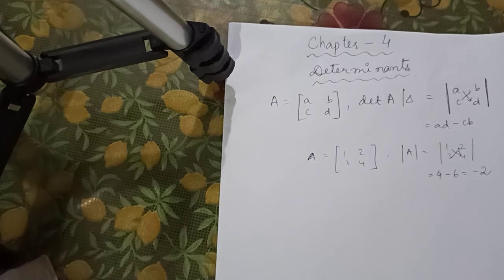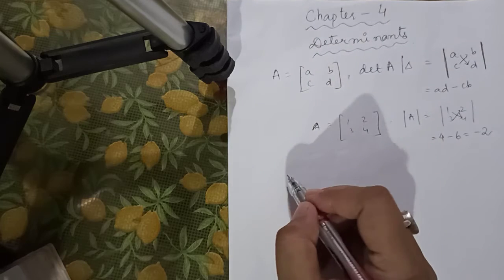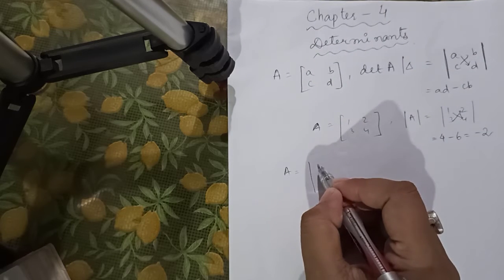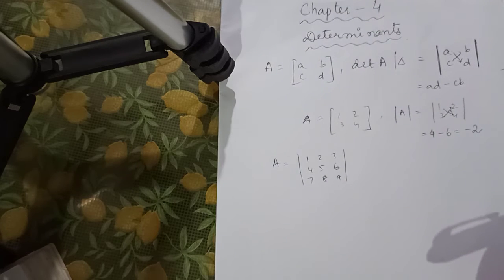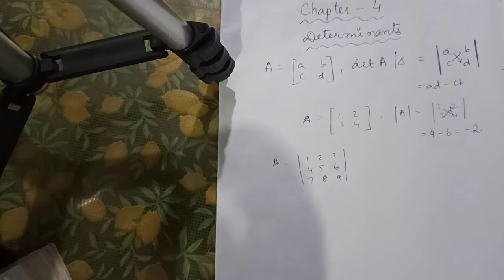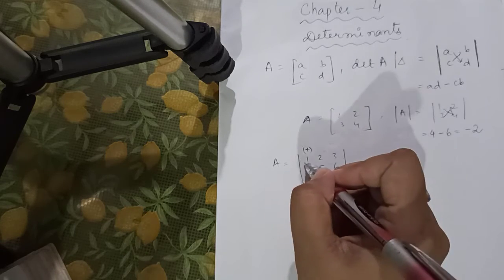Suppose you have a 3 by 3 matrix, for example 1 2 3, 4 5 6, 7 8 9, a determinant of order 3 by 3. Here I am expanding through row 1.